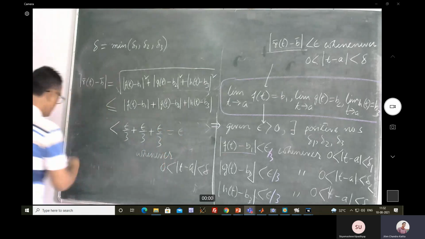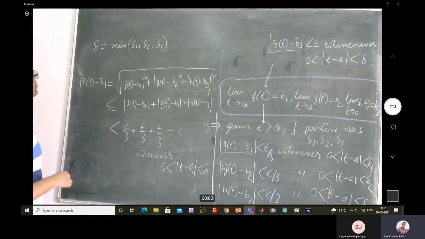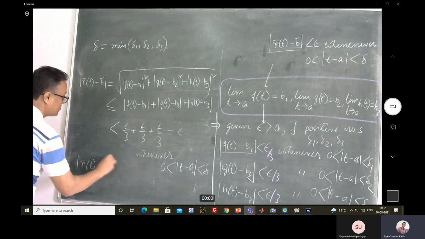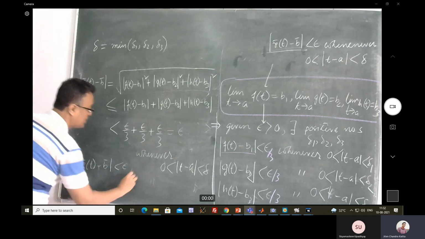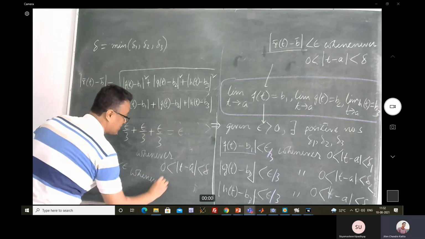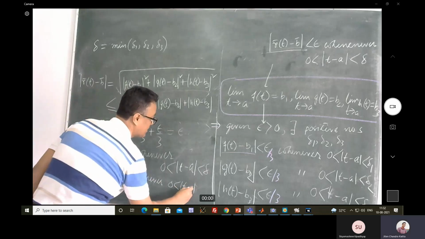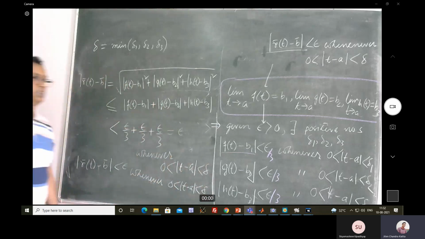So what we have proved is that |r(t) minus b| is less than epsilon whenever 0 is less than |t minus a| is less than delta.